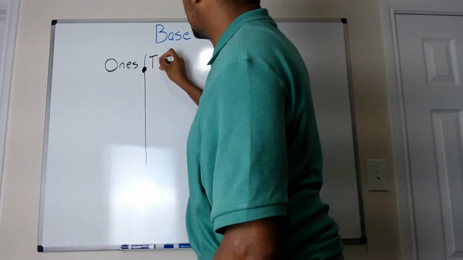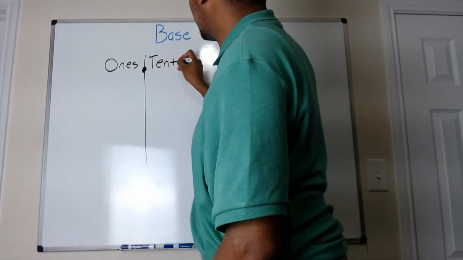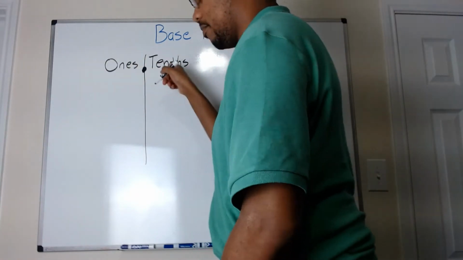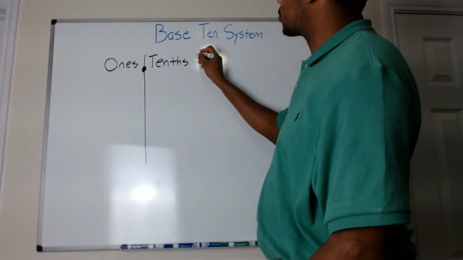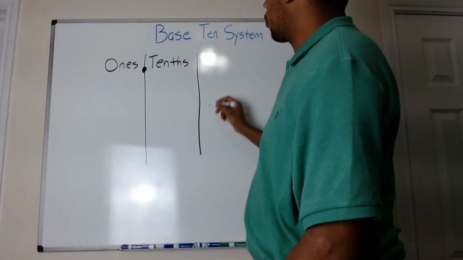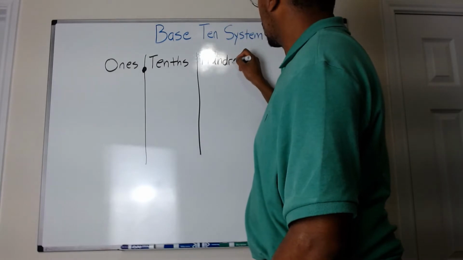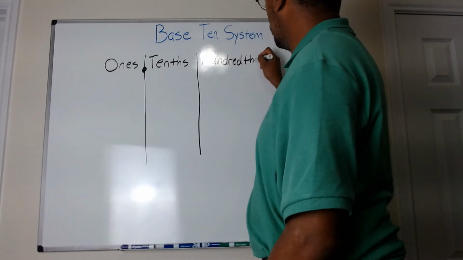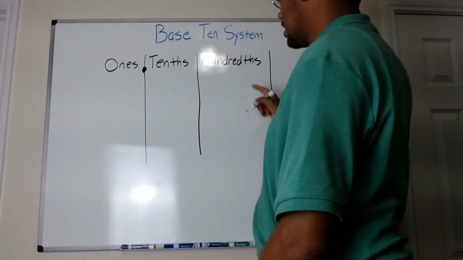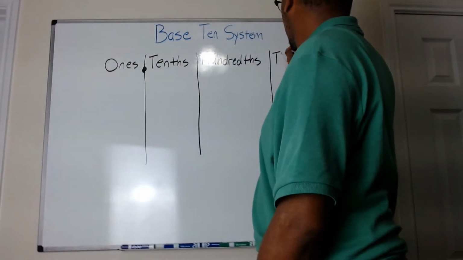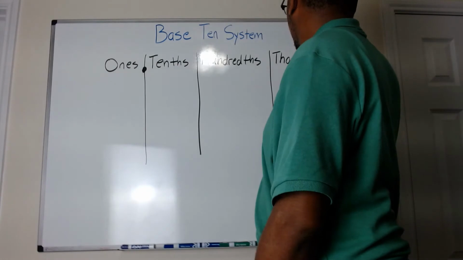You've got your tenths, T-E-N-T-H-S. Not to be confused with the tens that go over here, but tenths, right? You have your hundredths. Not to be confused with the hundreds that go 2 places up here. And you have your thousandths.